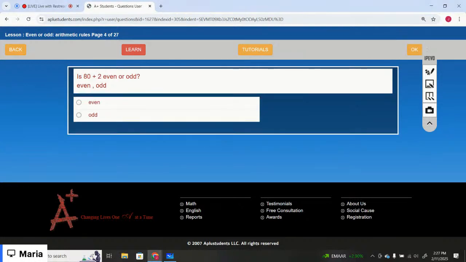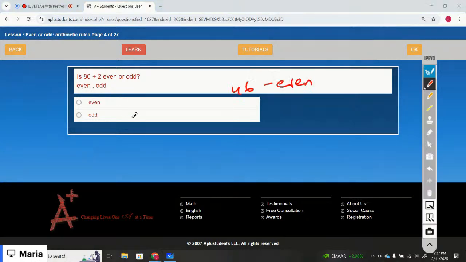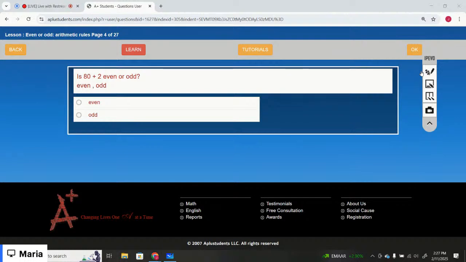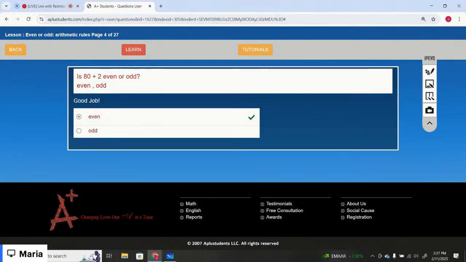Is 80 plus 2 even or odd? The sum of two even numbers is always even. So the correct option is option number 1. That is 82. 82 is an even number.